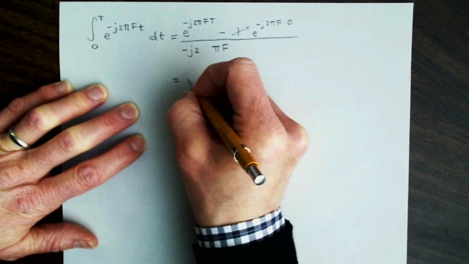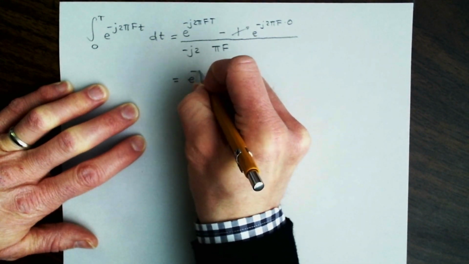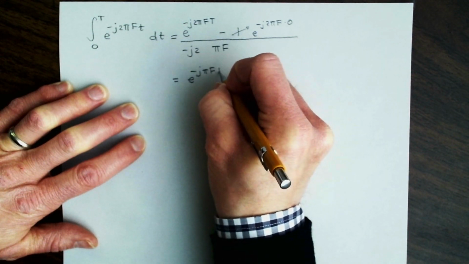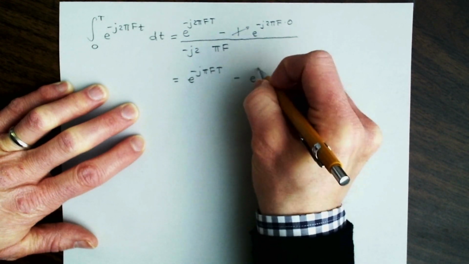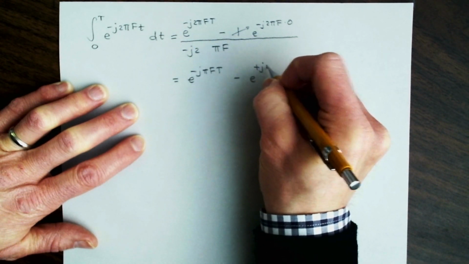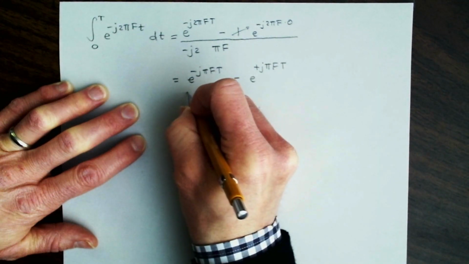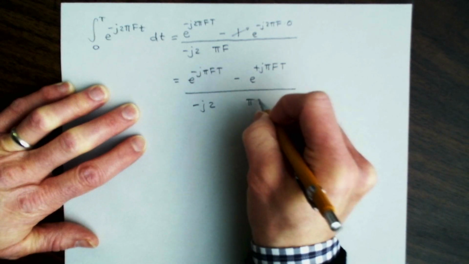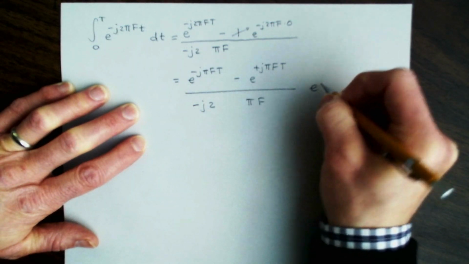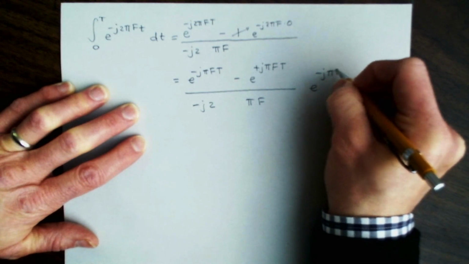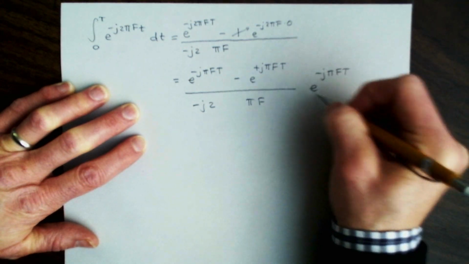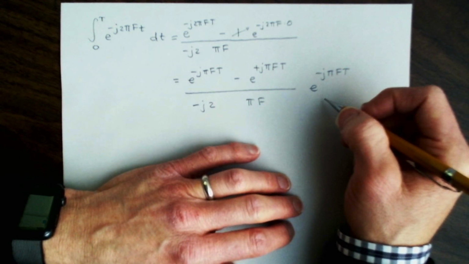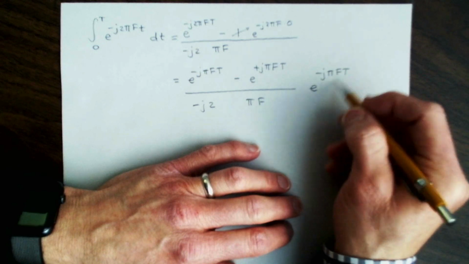When we factor that out, what's going to be left is e to the minus j pi f t here, and I'll have e to the plus j pi f t here. I'll write my minus j 2 pi f in the denominator, and then I'll multiply by e to the minus j pi f t. This is the exponential that was factored out, and we can check that this is correct by simply multiplying this factor back in.